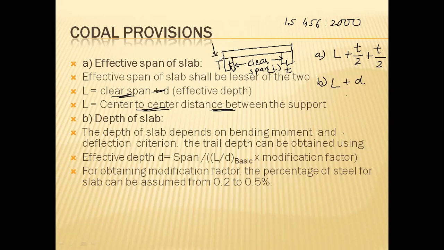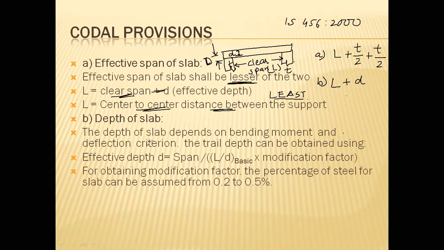This is the thickness of the slab, capital D, and if we take it up to only the reinforcement, then it is effective depth. So clear span plus effective depth will give us the effective span. We will consider the lesser of the two. Whichever value is least of the two will be considered as the effective span of the slab.